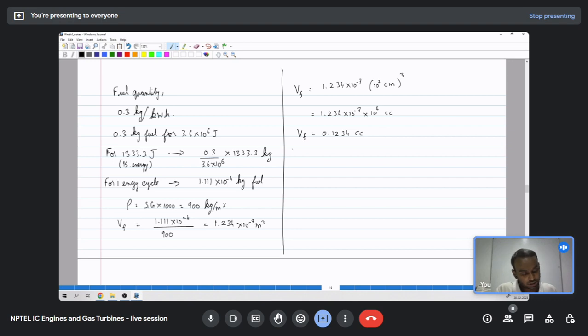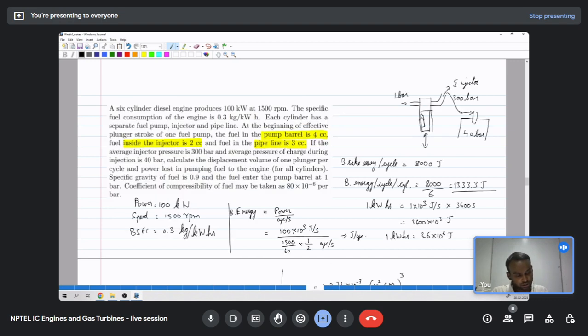Now the total volume: you have to add all these volumes, the fuel volume in the pump barrel, the volume inside the injector and the pipeline. So that is 4 plus 2 plus 3.